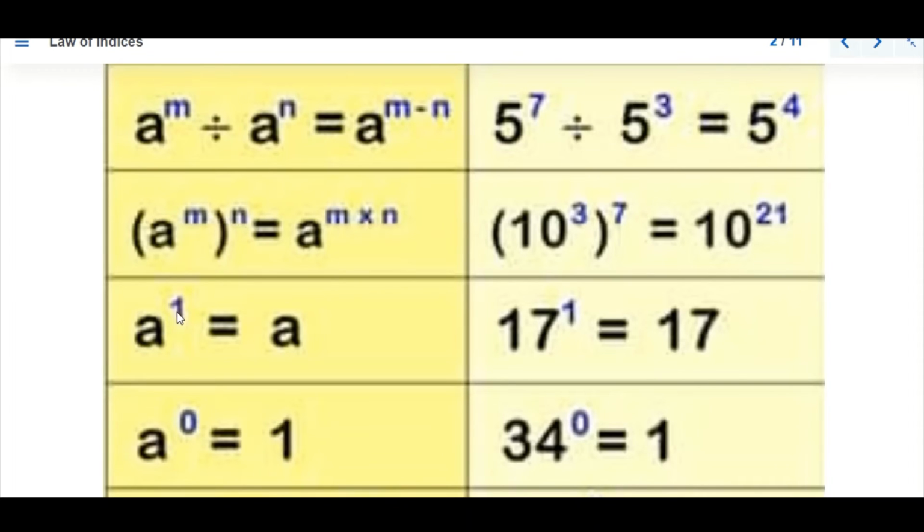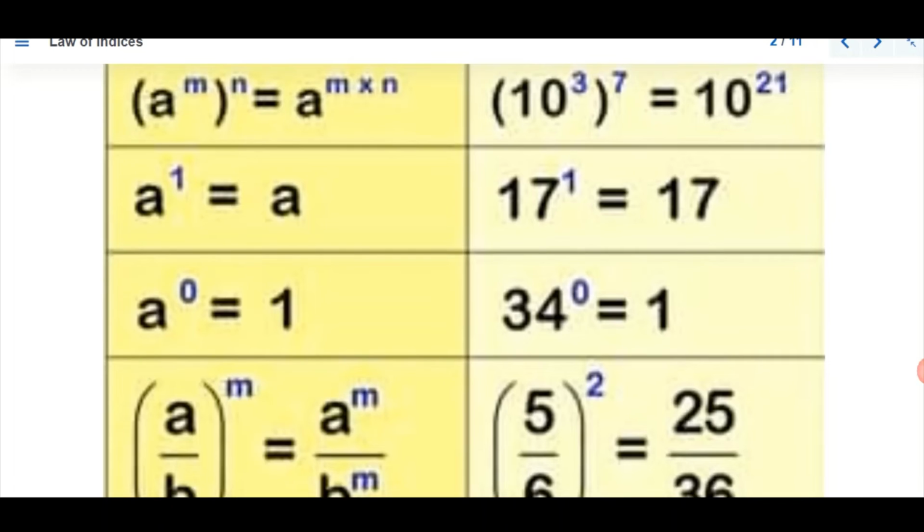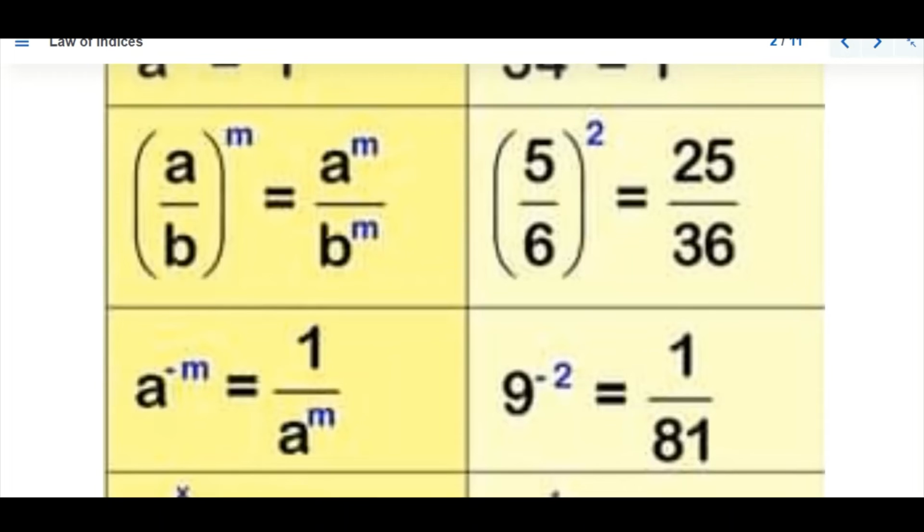Anything raised to power 1 is just like having a multiplied by 1, or a in one place, so it will give us a. Anything raised to power 0 will give us 1. We have another rule here. When we have a over b in brackets raised to power m, then we can split this into a raised to power m and b raised to power m.